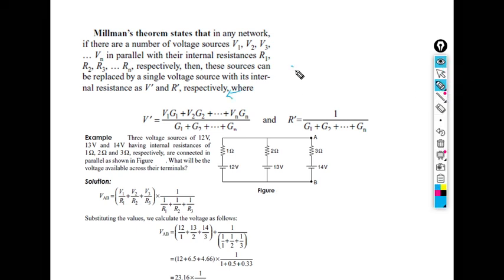that means V equals VAB. If I take the voltage here, all equivalent, we can take V equal to the summation for i equal to 1 to n of Vn Gn, divided by the summation for i equal to 1 to n of Gn.